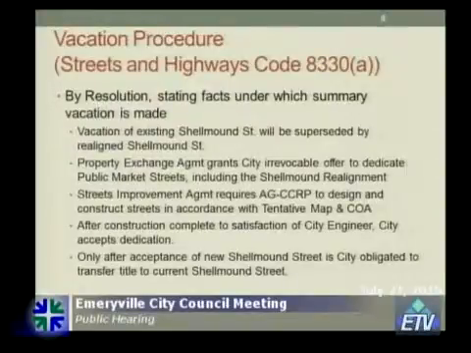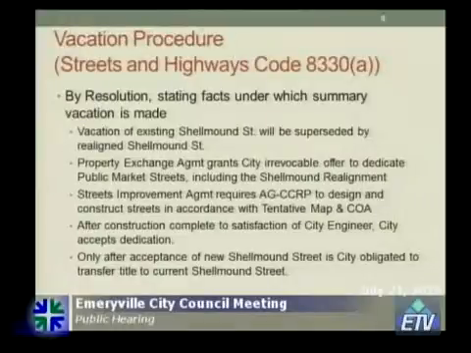What's important is that the improvements that City Center would be required to construct and build regarding the realigned Shellmound Street would have to be done to the satisfaction of the city engineer. So that's the ultimate check that the city has, that the realigned street is up to our specifications and is consistent with the tentative map that will be approved.